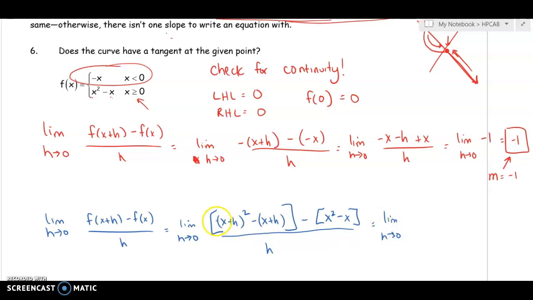You're going to get x plus h squared, so you're going to get x squared plus 2xh plus h squared, and then we distribute the negative, you got minus x minus h, distribute that negative, you got minus x squared plus x all over h.